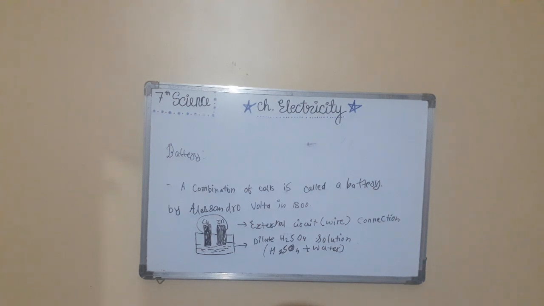The H plus and SO4 minus 2 ions move randomly in the electrolyte, and the reaction causes zinc to form positive ions and the copper to form negative ions. These ions are freely flowing in the electrolyte.